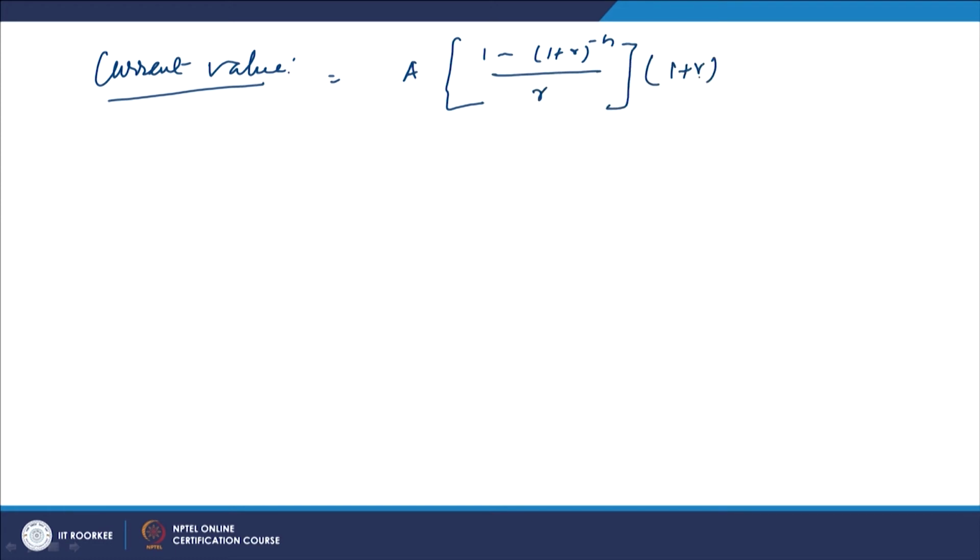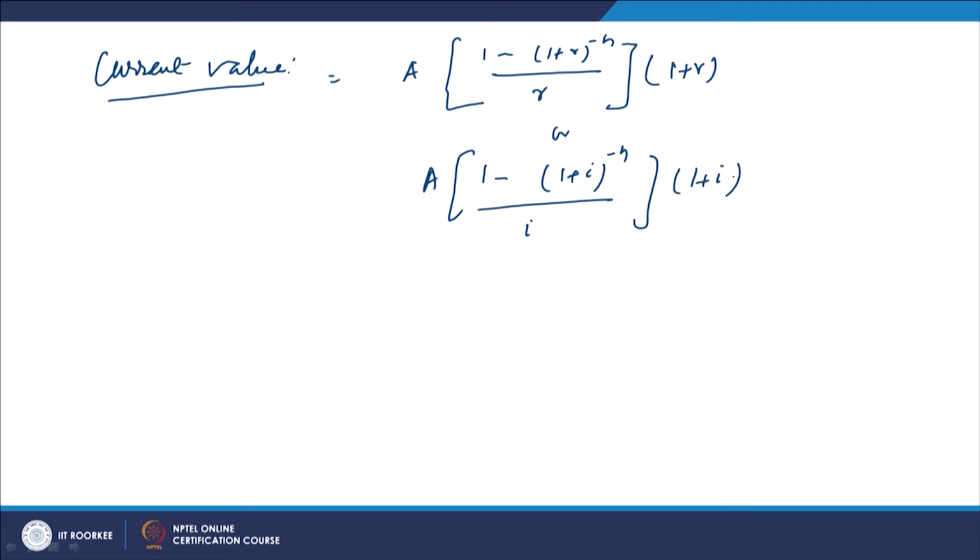So basically, you are dividing by 1 plus r raised to the power n. So 1 plus I or 1 plus r, whatever you can say, or A into 1 minus 1 plus I raised to the power minus n by I into 1 plus I.